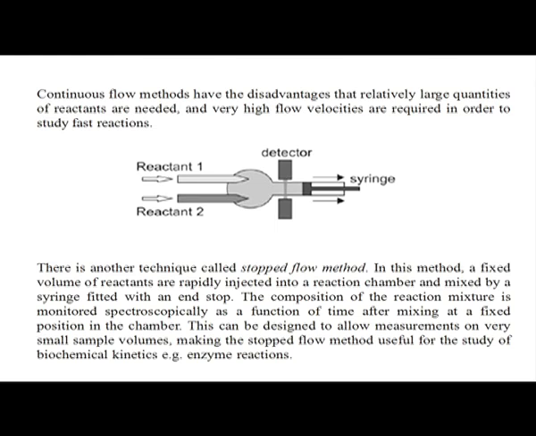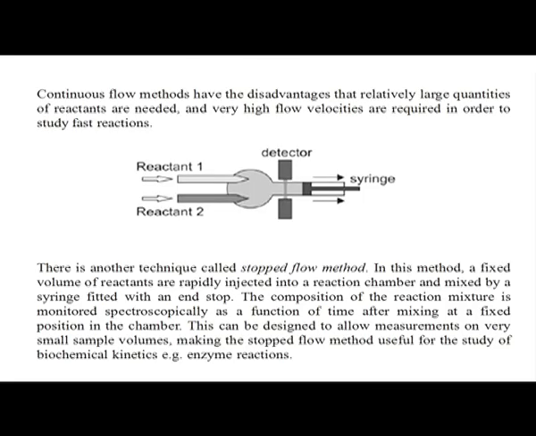And very high flow velocities are required in order to study fast reactions. For fast reactions, since it is occurring very fast, to compete with that speed, you should pass your reaction mixture very fast through your flow tube. Okay. So, that is a difficulty.